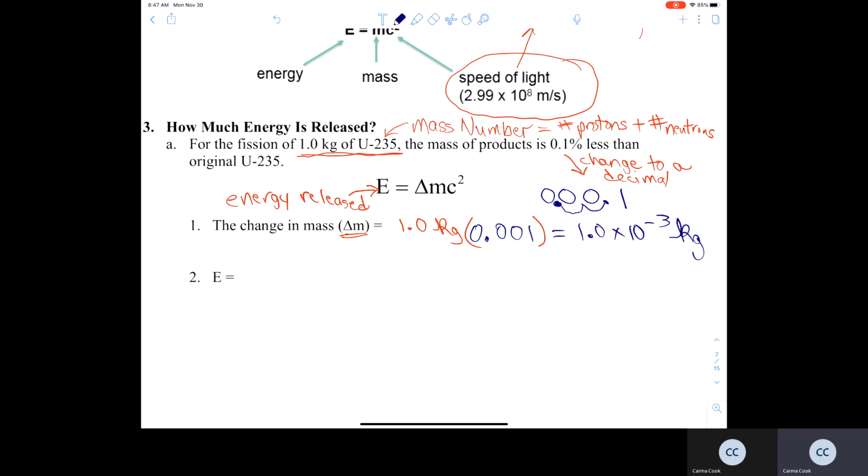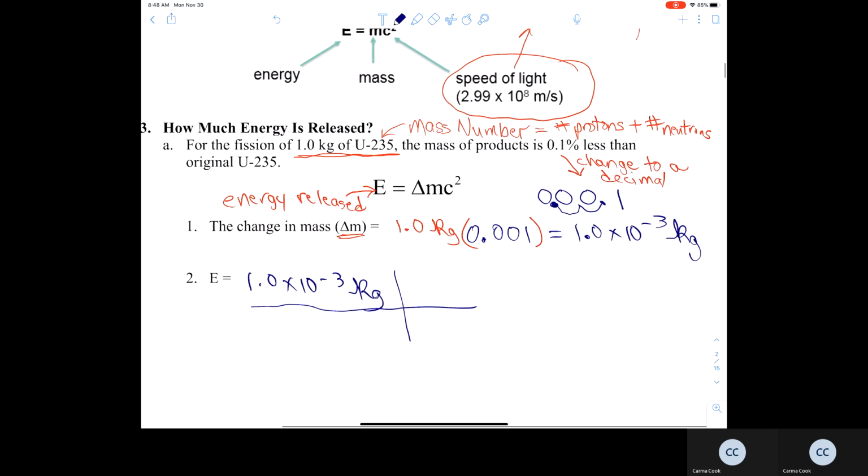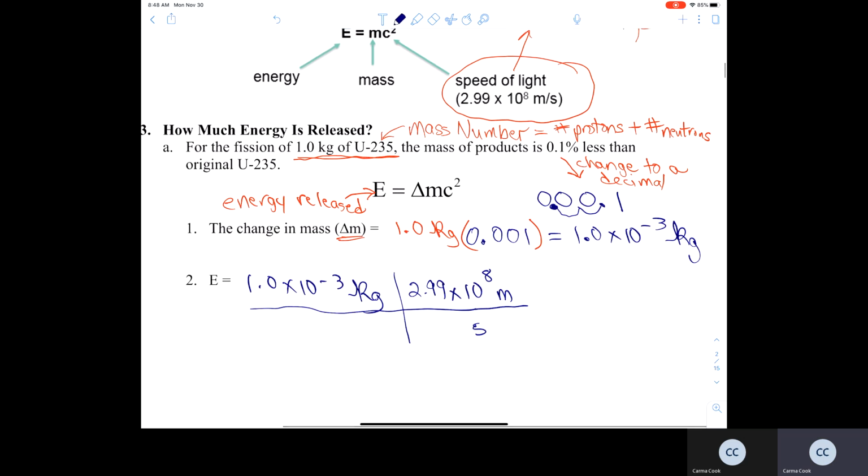So the energy is going to be equal to delta M, the change in mass, times the speed of light, but the speed of light has to be squared, raised to the second power.